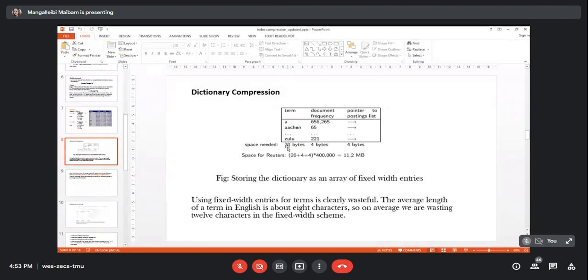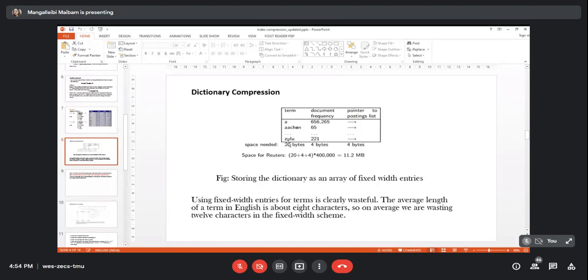But we are going to spend 20 bytes. So 19 bytes we have wasted. Now check the second word, a chain: 1, 2, 3, 4, 5, 6. Only 6 bytes. But we spend 20 bytes. So the remaining 14 bytes have been wasted. And the next word, Zulu.